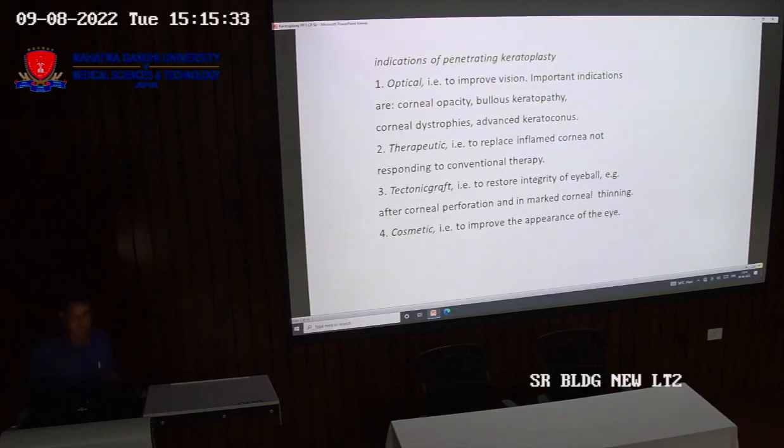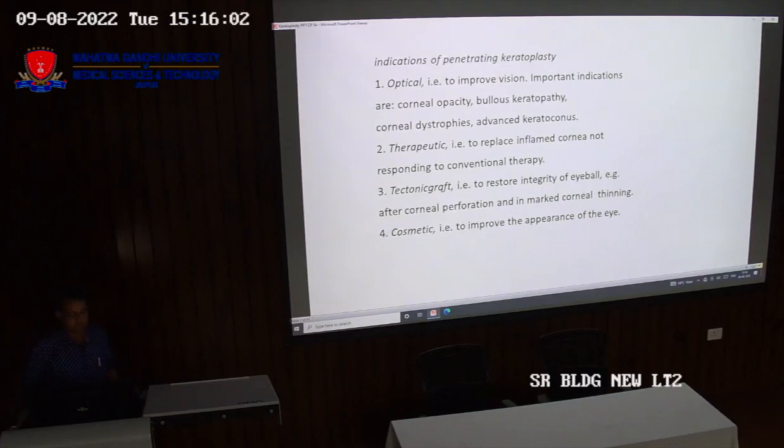Keratoplasty is the transplant of the donor cornea into the host cornea. Indications of keratoplasty are of 4 types. It may be optical, therapeutic, tectonic graft or for cosmetic purposes. In optical, to improve the vision, important indications are corneal opacity, bullous keratopathy, corneal dystrophy and advanced keratoconus.